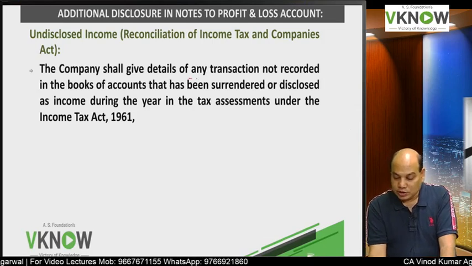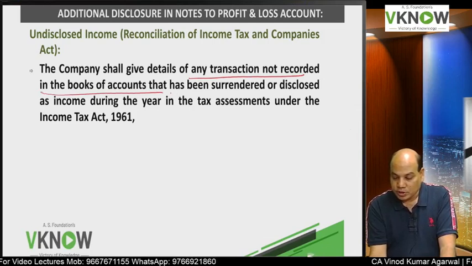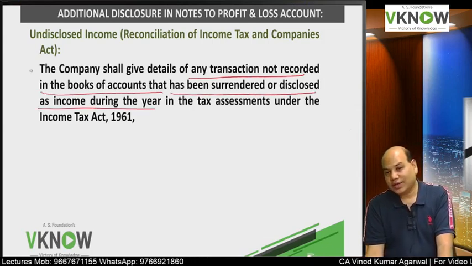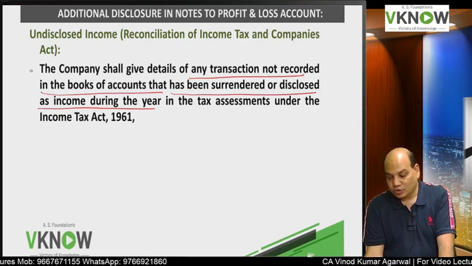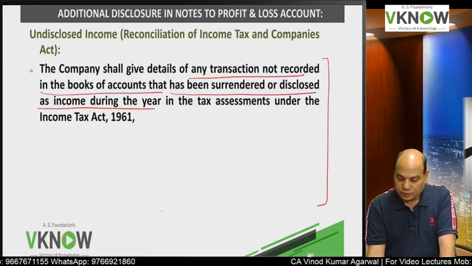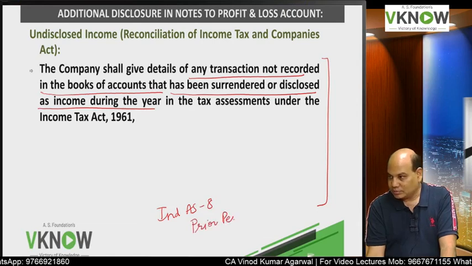Companies will give details of any transaction not recorded in the books but surrendered or disclosed as income during the tax assessment. What will be the effect of this? This will also affect another standard, Ind AS 8, which has one item, prior period items.